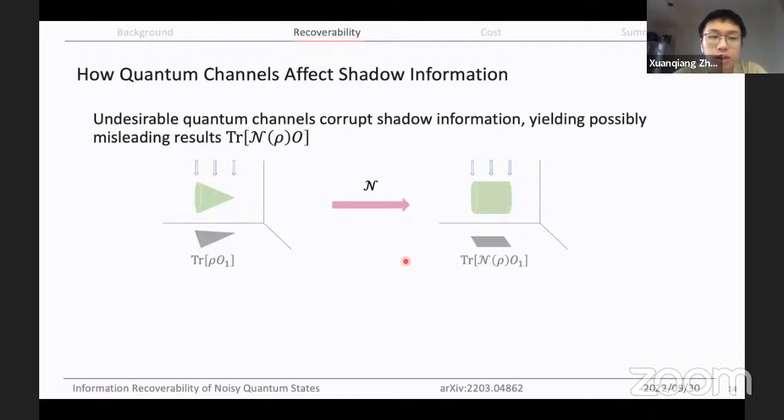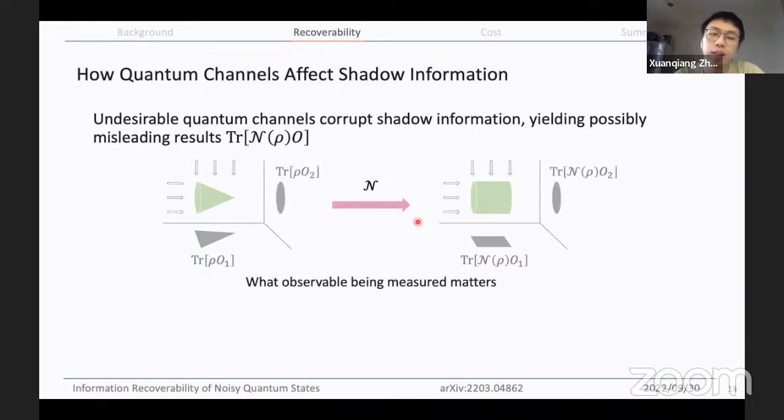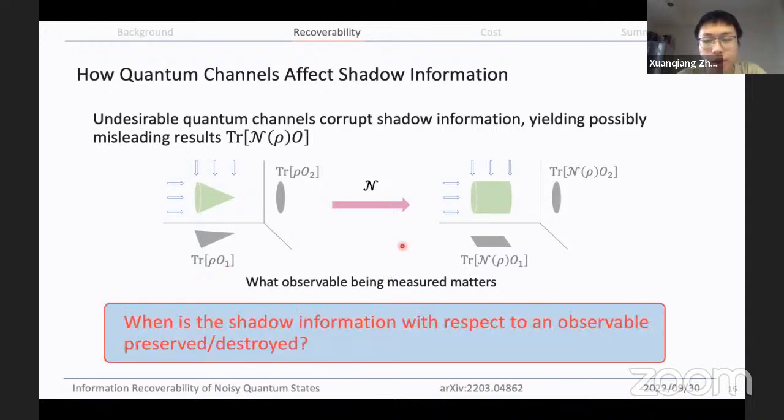This means that undesirable quantum channels will corrupt the shadow information and yield misleading results. On the other hand, if we observe both objects from the left, we will see the same circular shadow. So this tells us that what observable we are using to measure matters. So this example raises the first question we study in our work, that is, when is the shadow information with respect to an observable preserved?